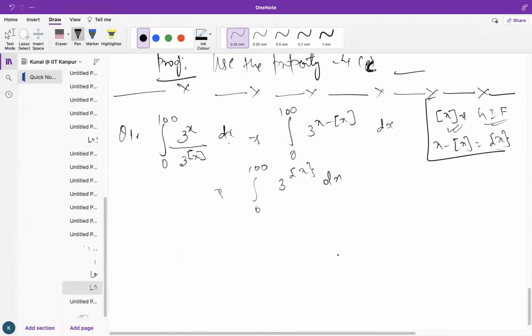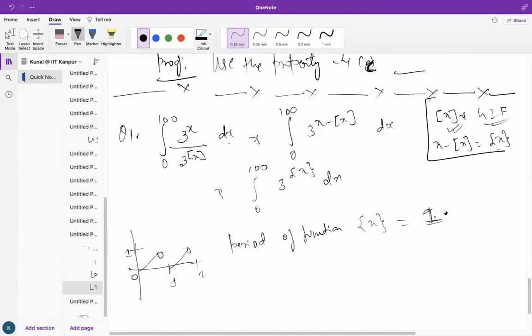We know that the fractional part function has period 1. The period of the fractional part of x is equal to 1, right? I hope you understand this, because after each x equal to 1, the graph is repeating. So its period is 1.